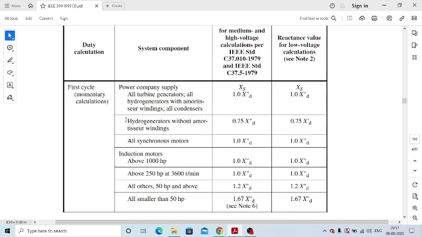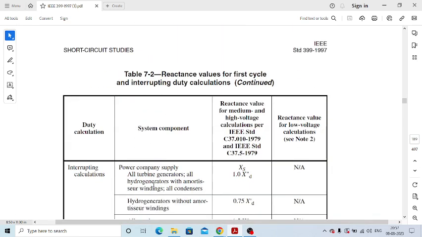This is for hydro generators, synchronous motors, induction motors above 1000 hp, 250 hp up to 1000 hp, and then 50 hp and above. For those, they have given the typical Xd double dash value here. My suggestion is, for the theoretical aspects, you have to go through IEEE standard 399 and IEEE 141 for a better understanding of short circuit studies.